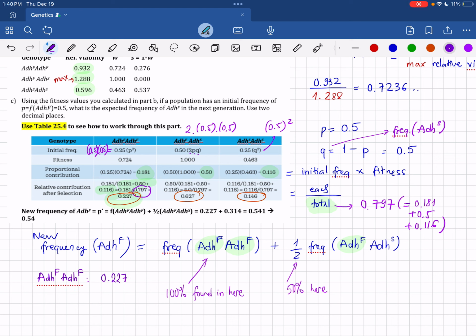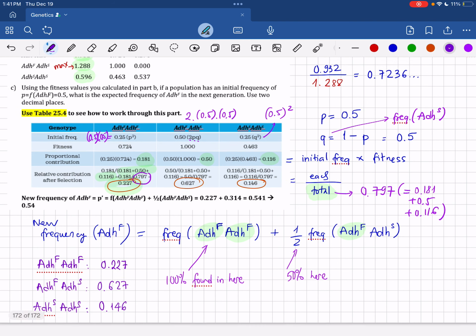For the heterozygous ADH FS, it is 0.627, and then for the other homozygous ADH SS, there will be the remaining value, like this.